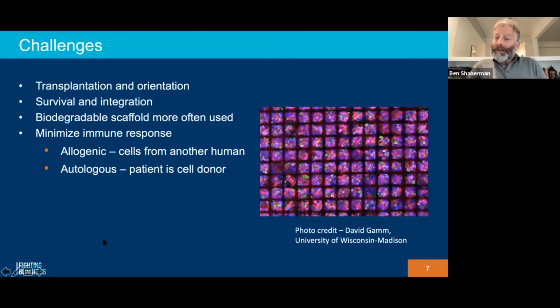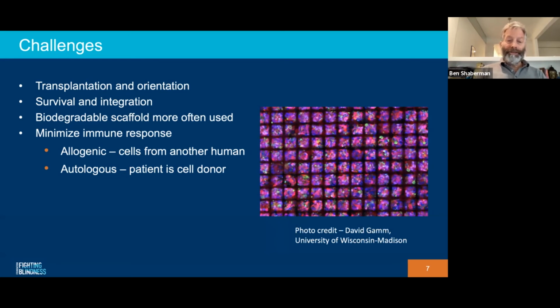So what are the challenges associated with transplanting cells into the retina? First of all, you have to come up with a procedure to get the cells into the fragile retina, and also find a way to orient them properly into the retina so they survive and they integrate. That can be pretty challenging.